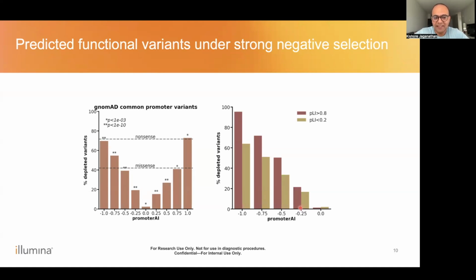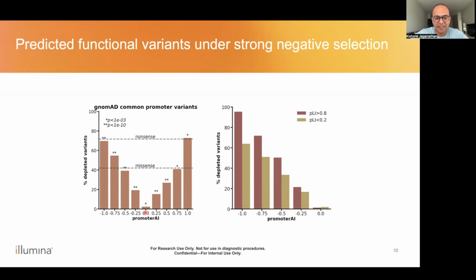So in this case, we use different intervals of PromoterAI scores. And whatever odds ratio you get out of this contingency table, if you do 1 minus 1 divided by the odds ratio, you get a metric that is reflective of how much selective pressure is there on variants that belong to that category. So as a sanity check, if you look at all of the variants where PromoterAI score is 0, you see that there's pretty much no depletion going on, which is a good sanity check.